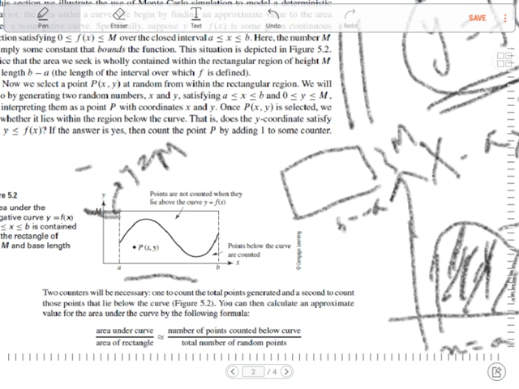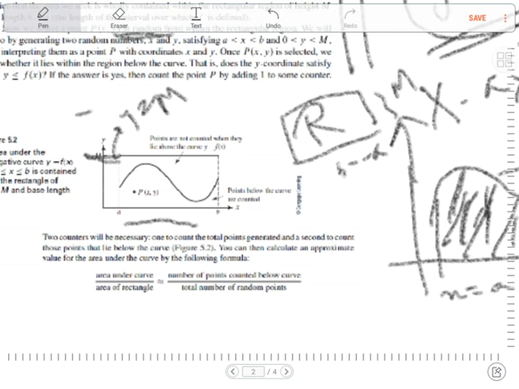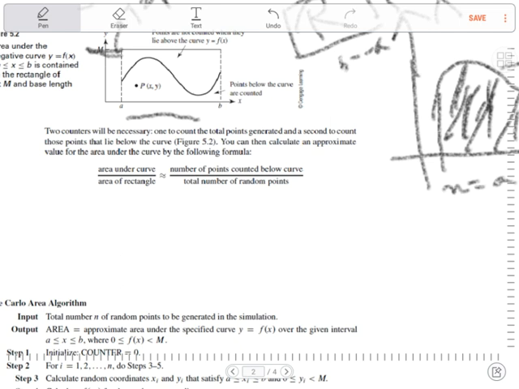You can consider this rectangle, and then we will select a point P(x, y) at random, without any specified pattern, within the rectangular region. If I call the rectangular region capital R, we will be selecting random points from it. Say I am drawing it here separately: one point, one point, one point like this.